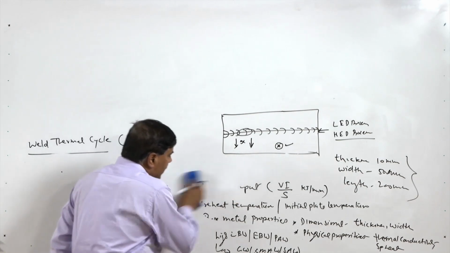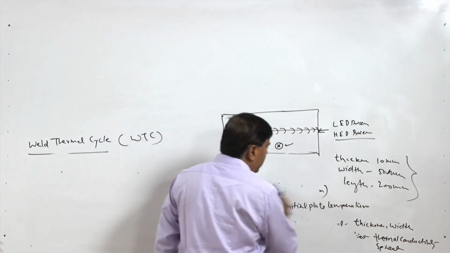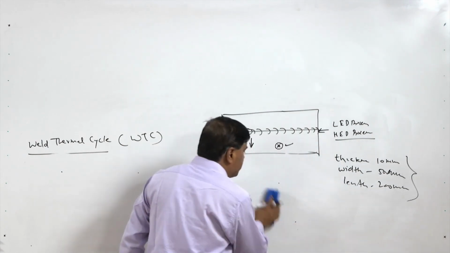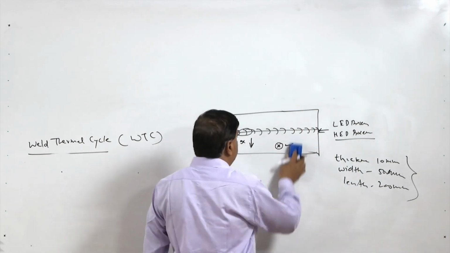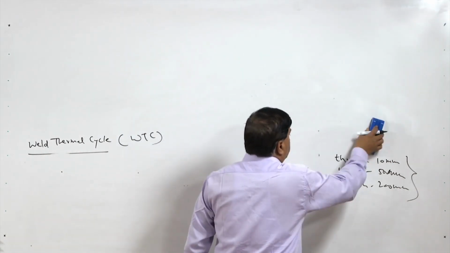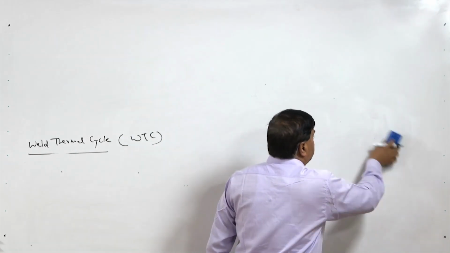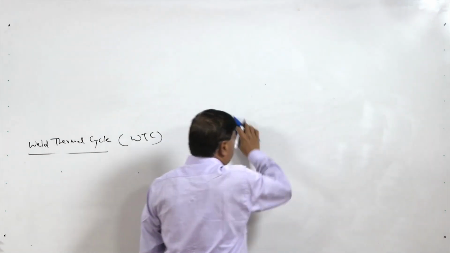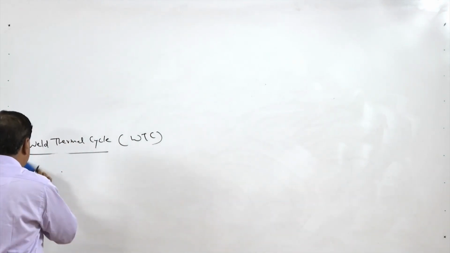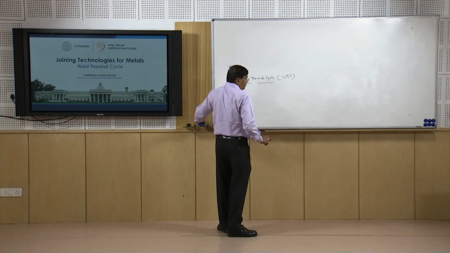What we have seen is that the areas in the weld zone or next to the weld zone experience different weld thermal cycles, which means different peak temperatures, different heating rates and cooling rates, and different soaking periods above a particular temperature. Since the heating rate, cooling rate and soaking time determine the metallurgical structures of the weld joint and the rate of solidification in the weld, these factors determine the quality of the weld joints.